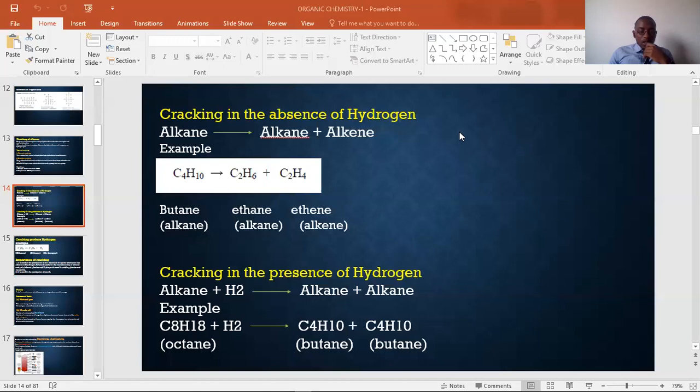Cracking in the absence, you get an alkane plus an alkene, and those are the examples. Then cracking in the presence of hydrogen, you get alkane plus alkane, and that is an example.